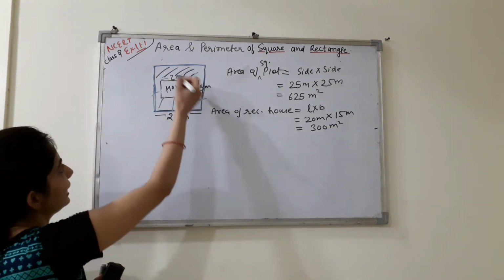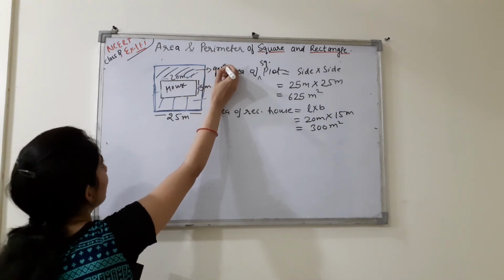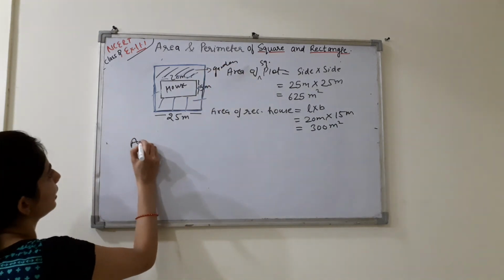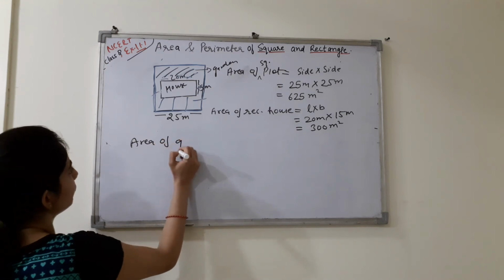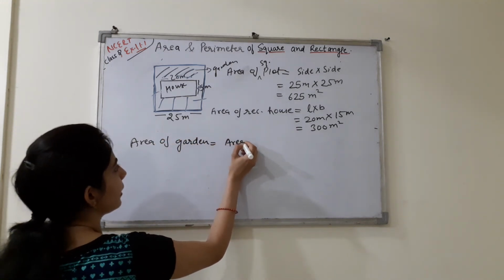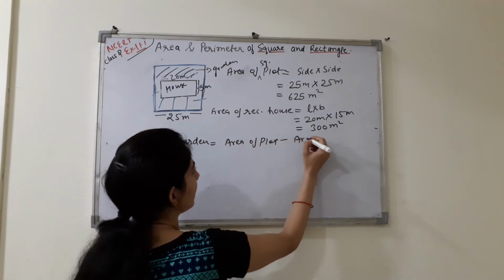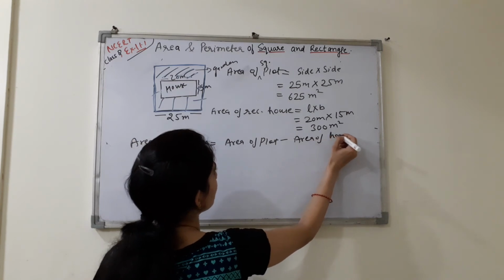Now we will find the area of this garden. So this whole will be garden. So area of garden will be area of plot minus area of house.